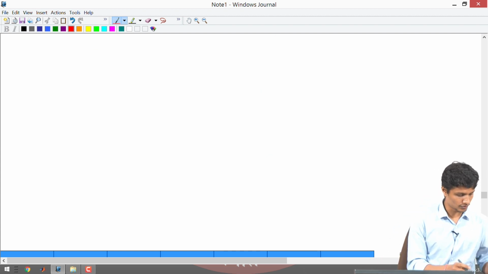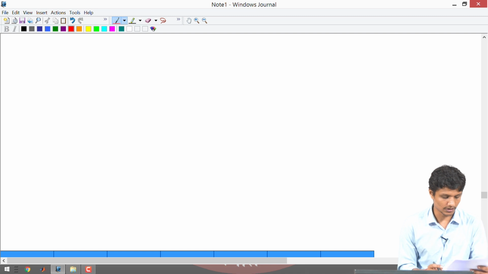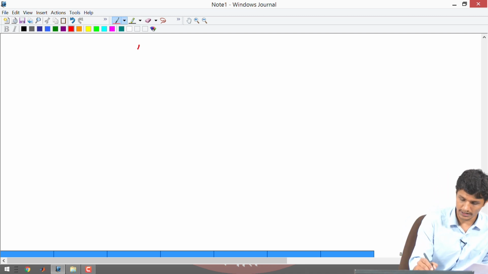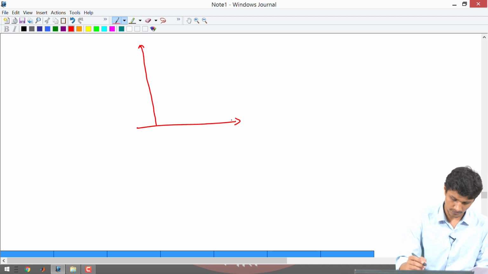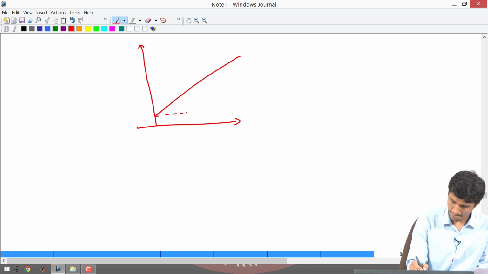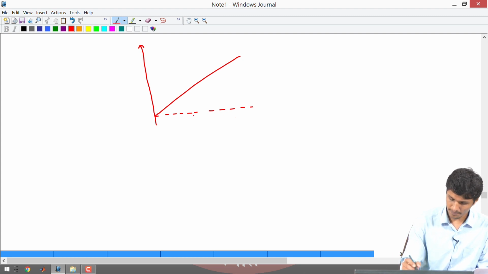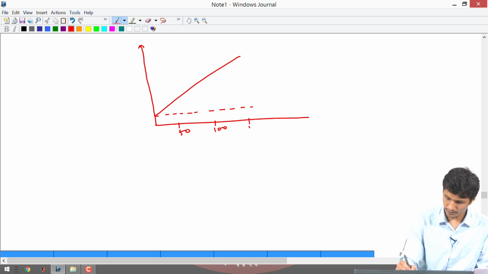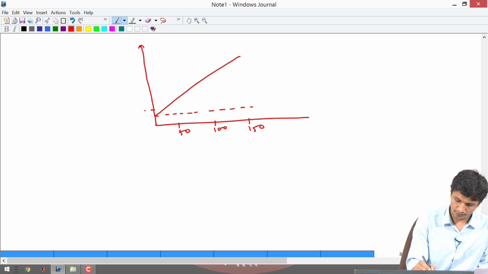Now, the fourth question. In the fourth question, there is one plot given. The axes show 100, 150, and 5, 10, 15, 20, 25.